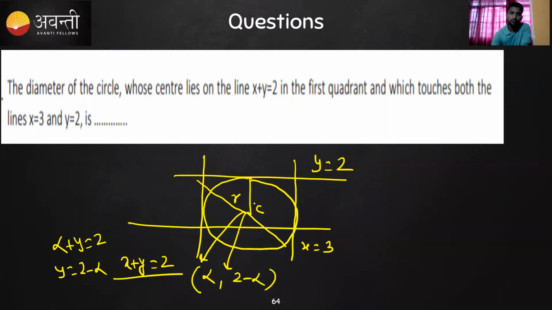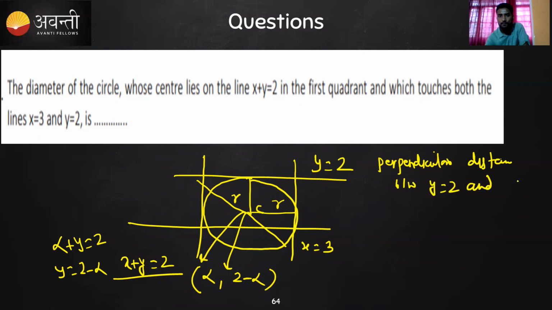Right, guys? So what we can do? You know the distance between this center and this line will be equal to R. So I'm just finding the perpendicular distance between y is equal to 2 and the center alpha, 2 minus alpha, because this is our center. So we are simply finding y minus 2 now.